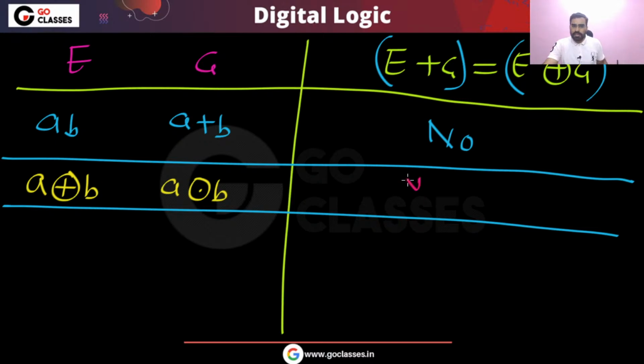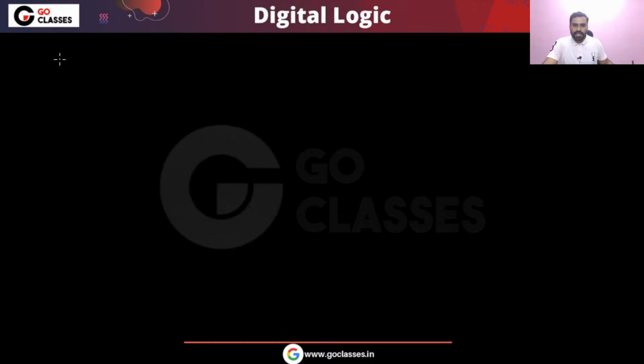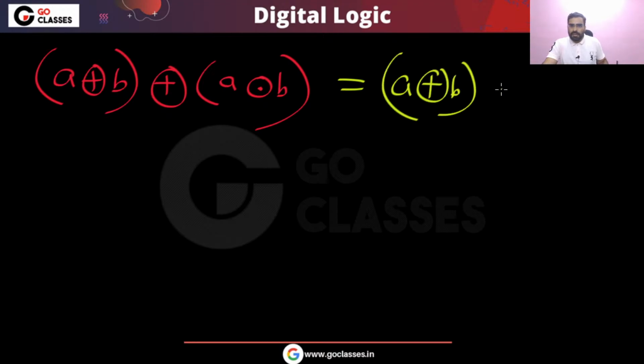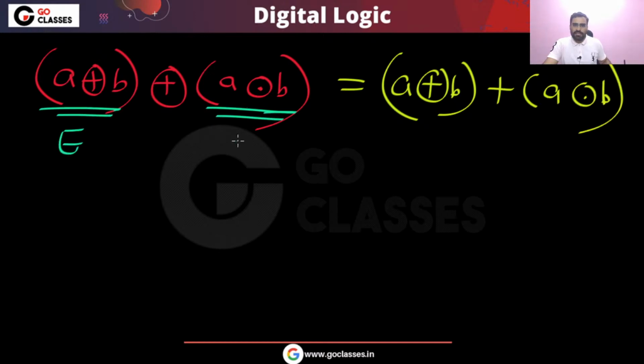Yes, I can say that E or G will be equal to E XOR G. This function XOR this function is same as this function or this function, because this is your function E, this is your function G, and they can never be one together.